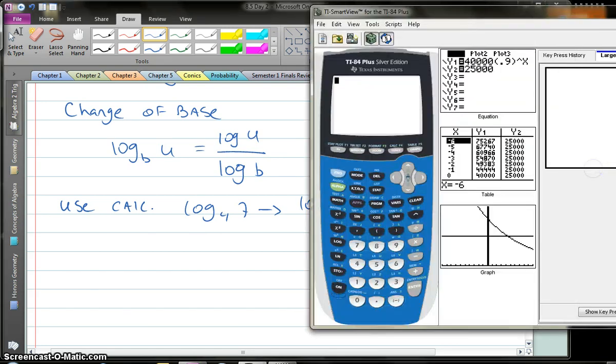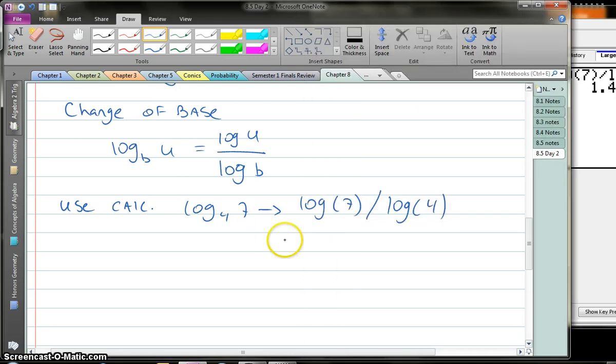So in your calculator, we could go log of 7, close parentheses, divided by log of 4. So now we're getting to a point where we're not only working with logs, but we can evaluate them also. And we get 1.404, let's say, so this would be approximately 1.404. That's how you use your calculator. So I'm assuming we know what's up with the calculator in solving these next few problems.